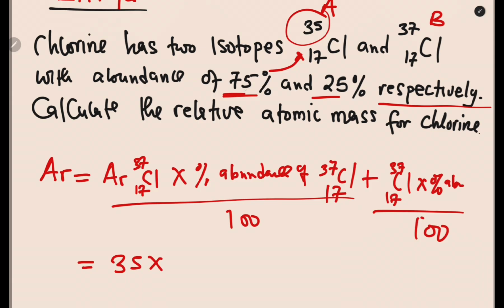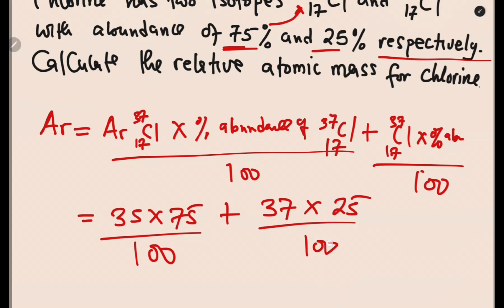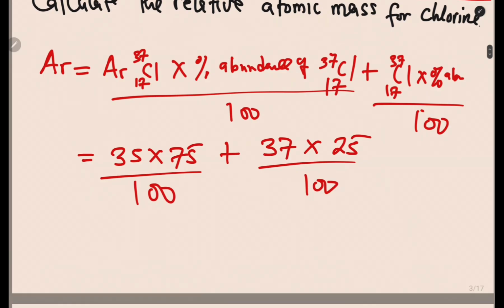So the percentage abundance, which is 75, is for chlorine 35, so multiply by 75, divide by 100, then plus the relative atomic mass of chlorine 37, which is 37, multiplied by percentage abundance of 37, which is 25, divide 100. So you should be able to multiply 35 by 75, divide 100, plus 37 multiplied by 25, divide 100.